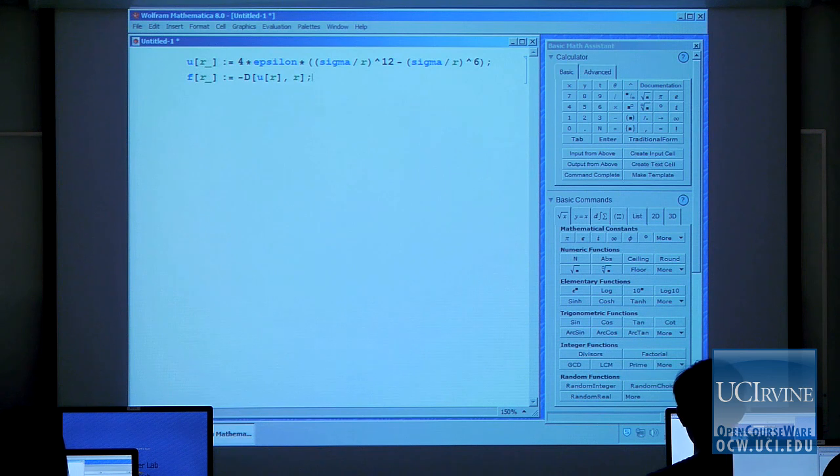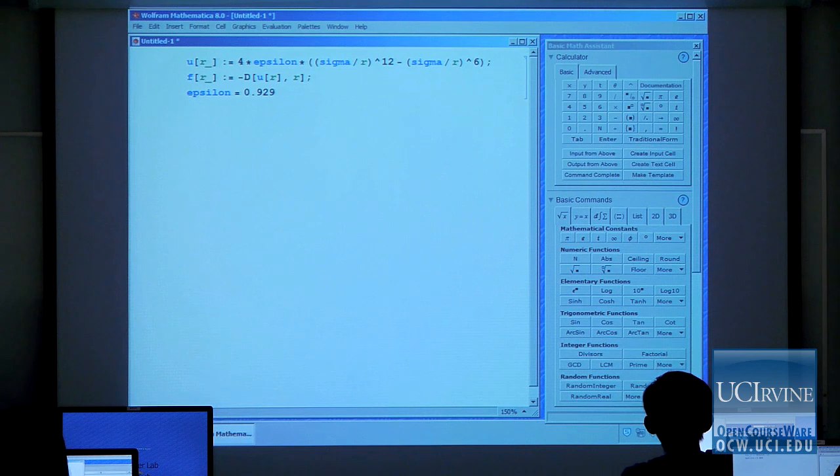All right? And now I'm going to specify epsilon. This is going to be equal to 0.929, and this is the value that is meant to represent argon atoms, and the units are kilojoules per mole.